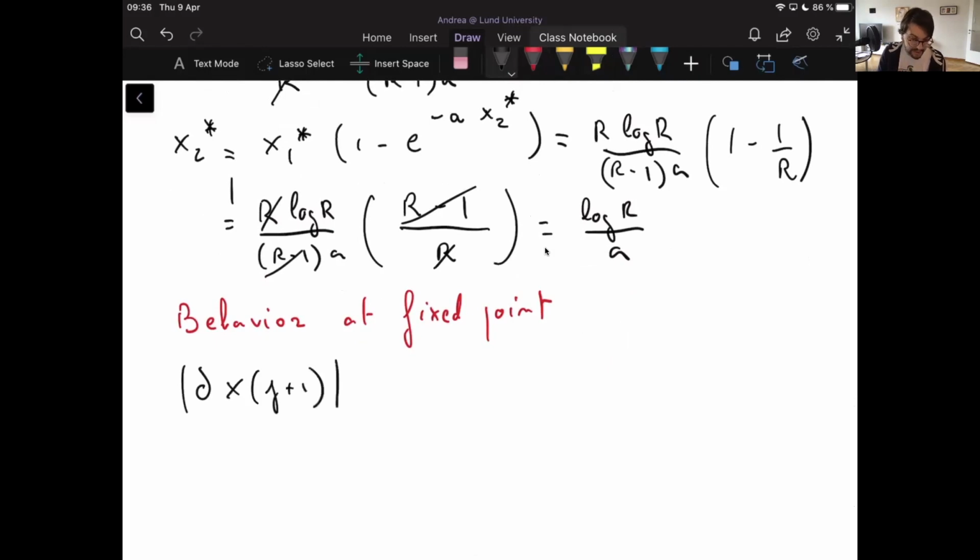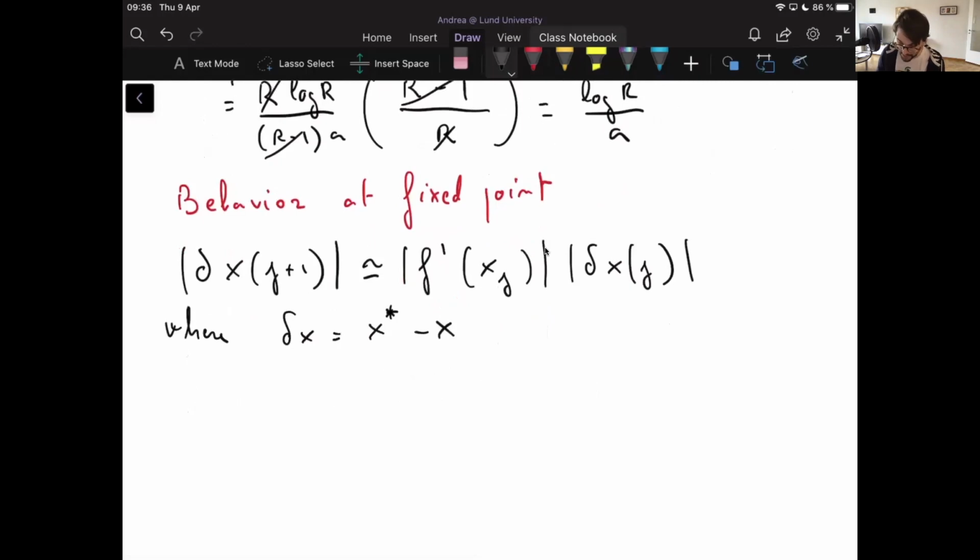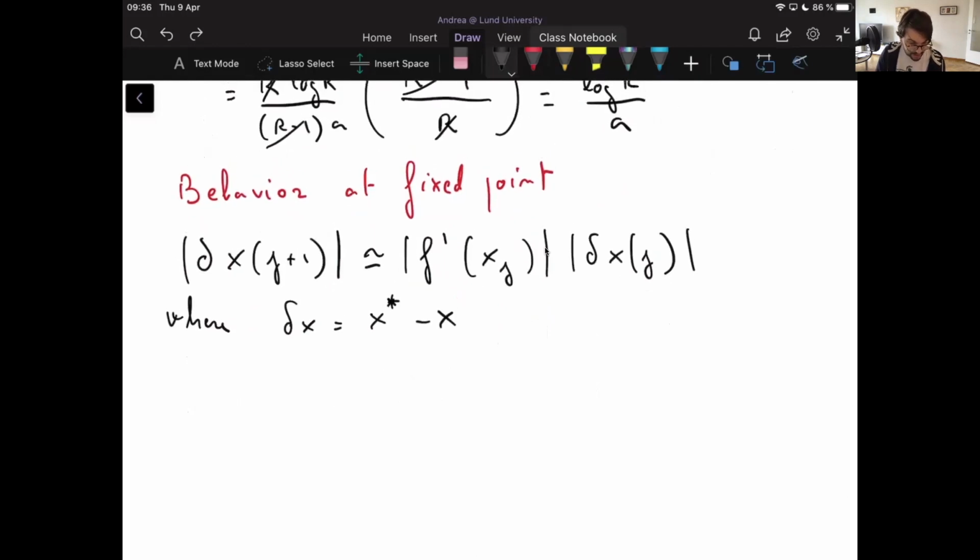So I want to study, if I take 2 points that are close to each other, one is at the fixed point, the other is a little bit farther away, what happens? So this was one-dimensional, and this was very easy. So this is xj, and this is delta x of j, where delta x is defined as x star minus x, okay? So I take 2 points where x star is the fixed point and the other is close to the fixed point. So you can generalize the same principle in many dimensions.